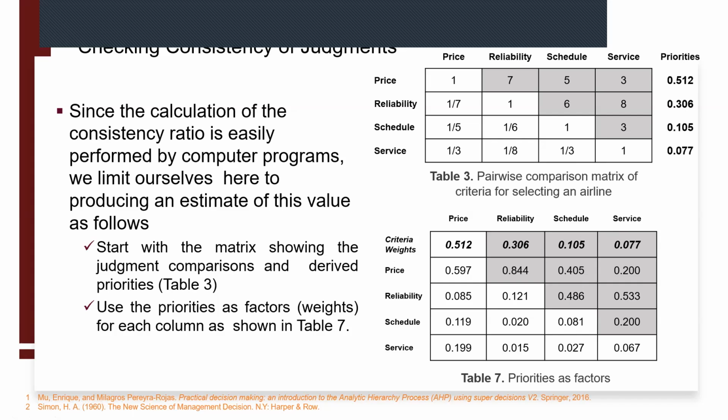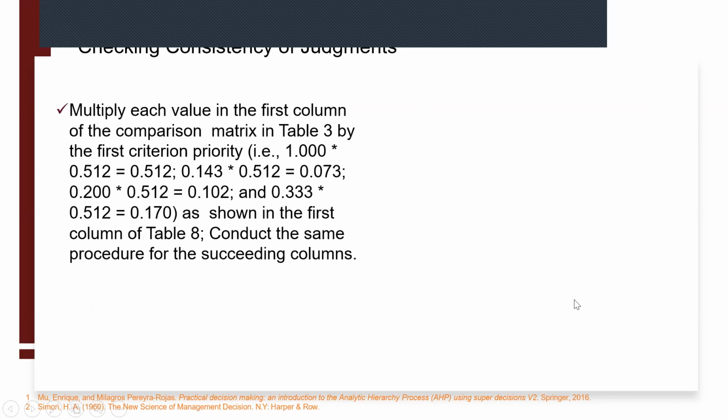Refer to this table. Again, 0.512, 0.306, 0.105, 0.077. These are derived from previous tables.